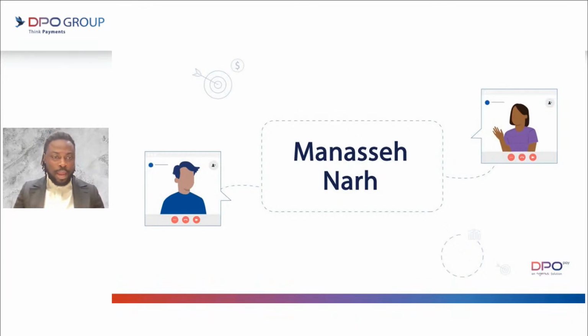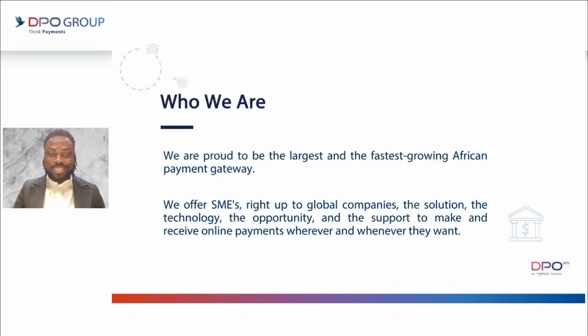At DPO, we are all about payments. We eat and drink payments, I would say. And we take pride in being the largest and fastest payments company within the African continent. So over the years, what we've managed to do is to build an end-to-end payment solution that connects merchants with their consumers.